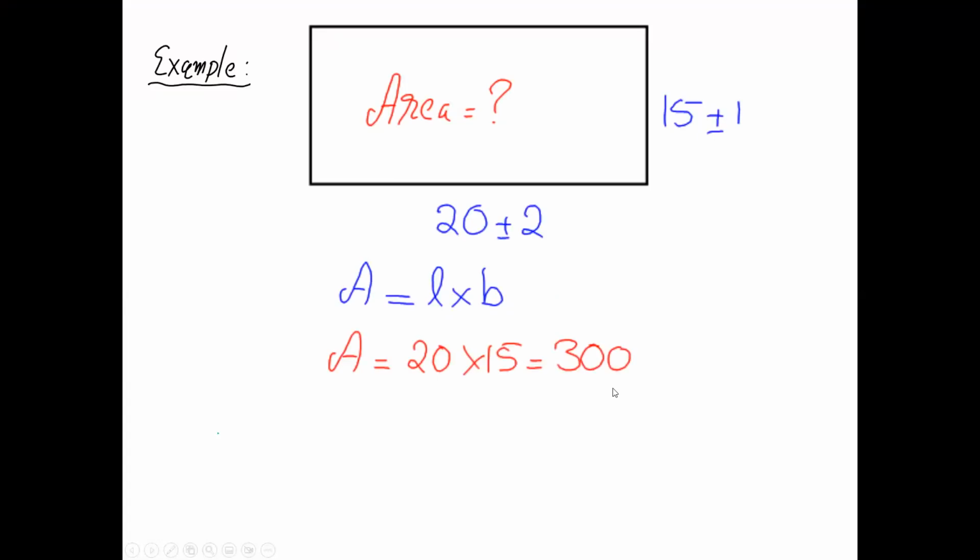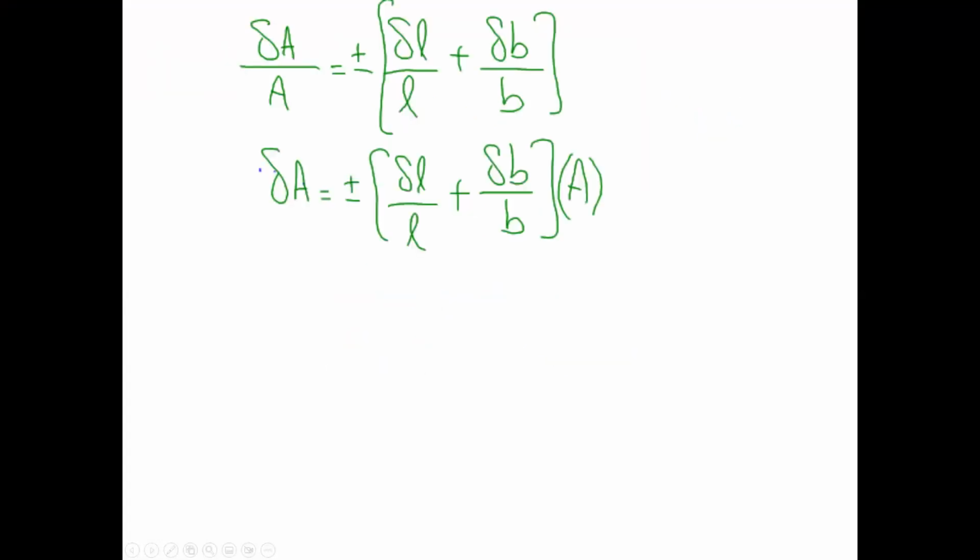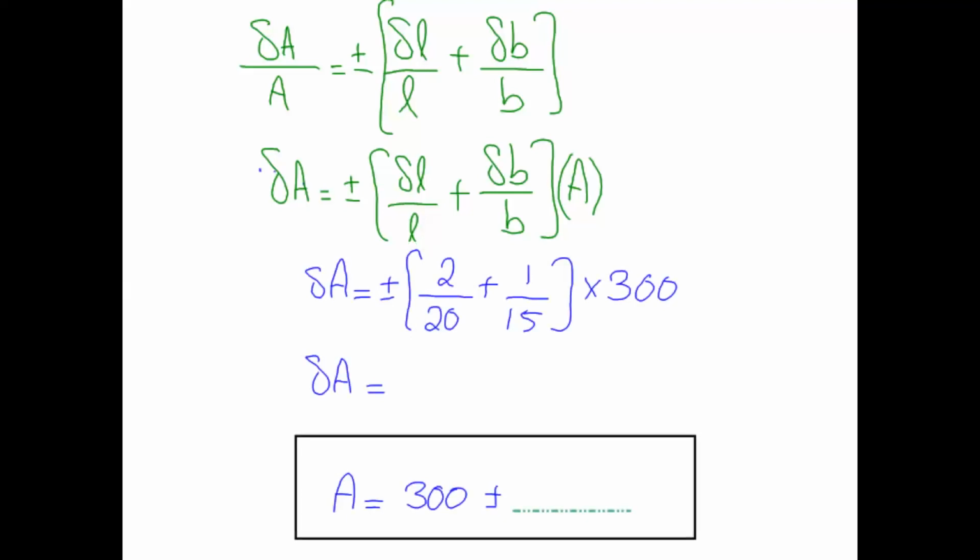Area is coming 300. Then use this formula. The most important thing is the movement of area to the right, because you need to find the subject. So you have to move it to the right side and then put in the values. Look at this calculation.